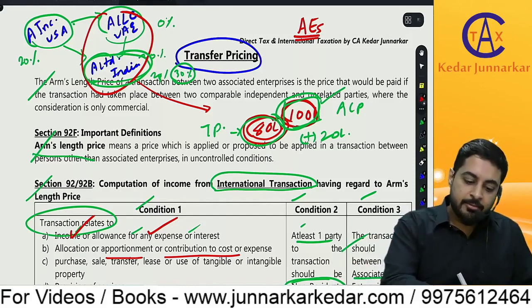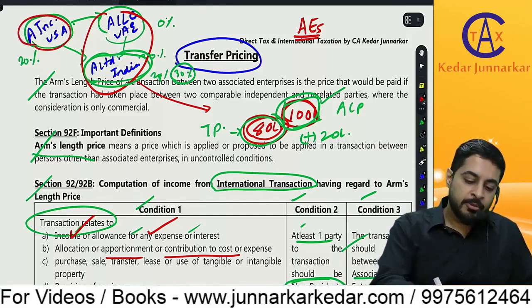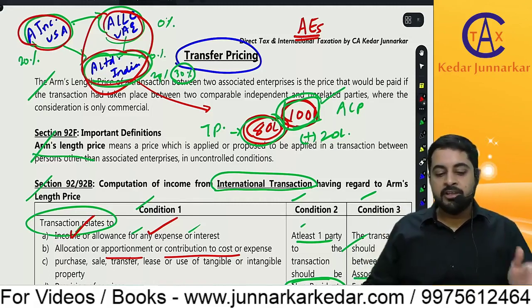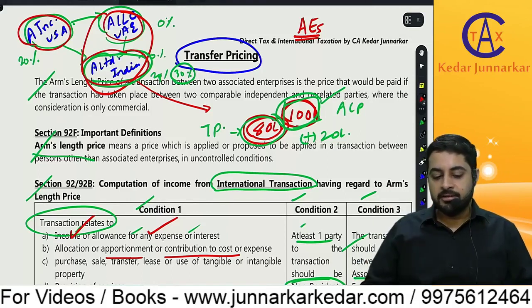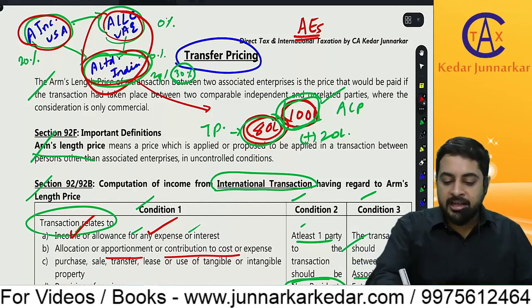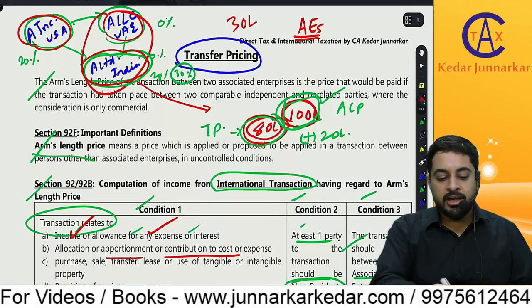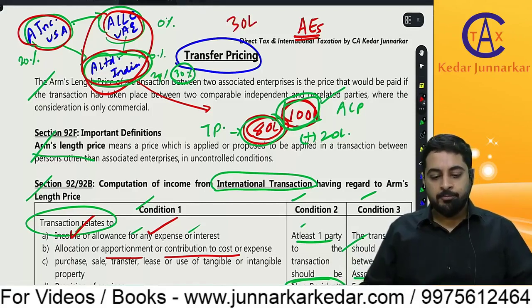So we'll take the same example: A Inc. in USA, A LLC in UAE, and A Limited in India. And there is some service which is used equally in all these companies, and for that maybe 30 lakhs is the amount paid. So ideally how much should have been allocated? 10 lakhs to A Inc., 10 lakhs to A LLC, and 10 lakhs to A Limited.